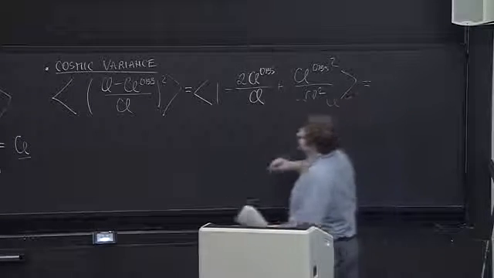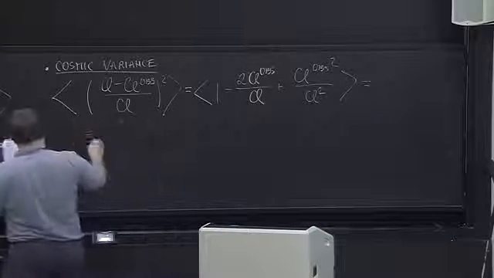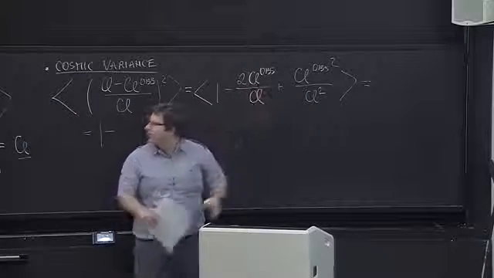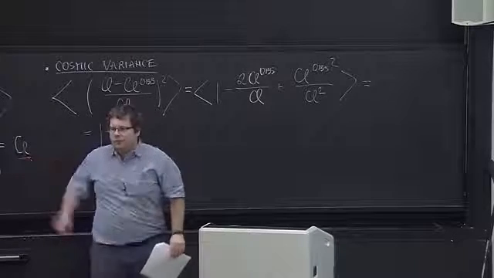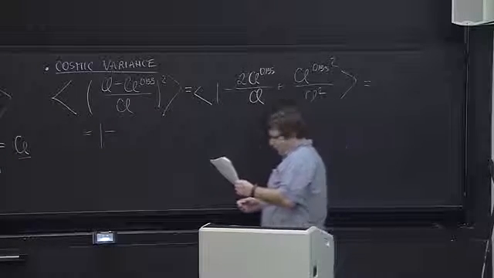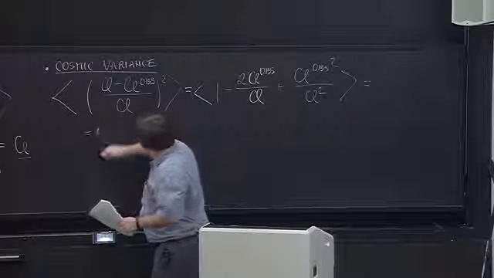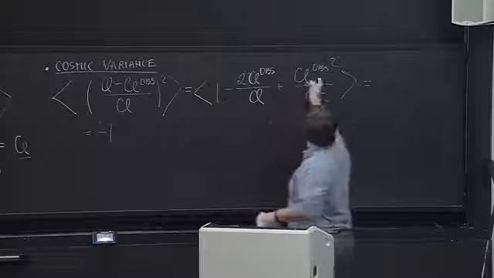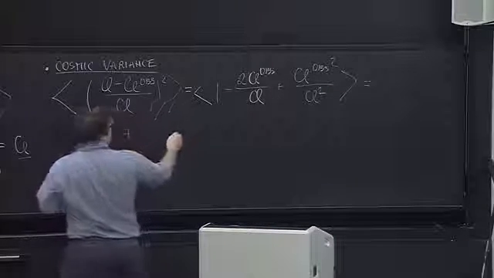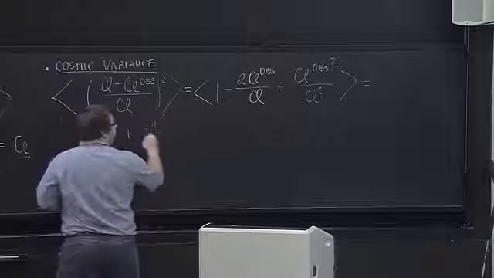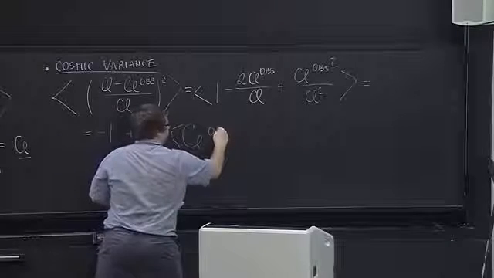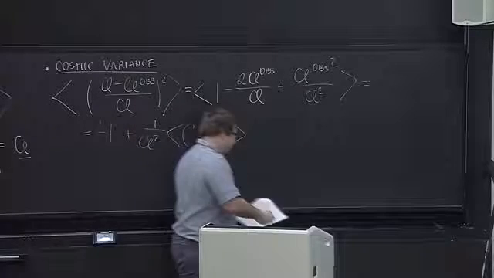So this is equal to 1 minus, now the average of CL observed, we just established, is CL. So this is 1 minus 2, difficult mass, so it's minus 1 actually. And then plus 1 over CL square, and then this guy, CL observed square.